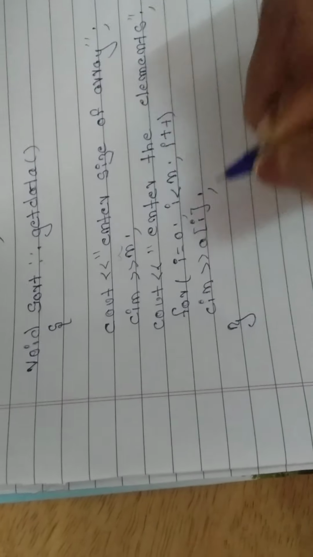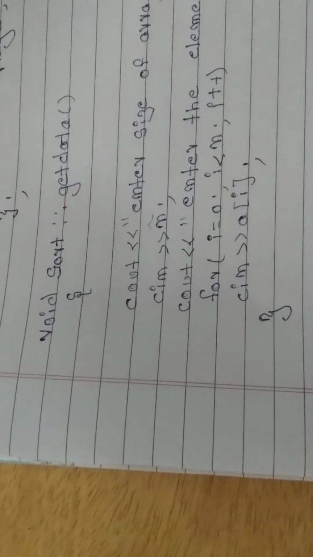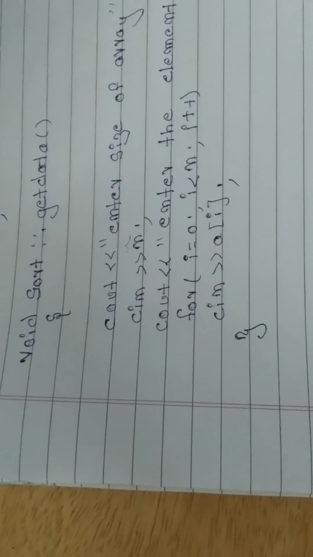Semicolon is a must. So here the first function we already defined outside the class. Now we are defining the second function. Already I told you the algorithm for how to define the second function. It will be easy for you because you already know the example.